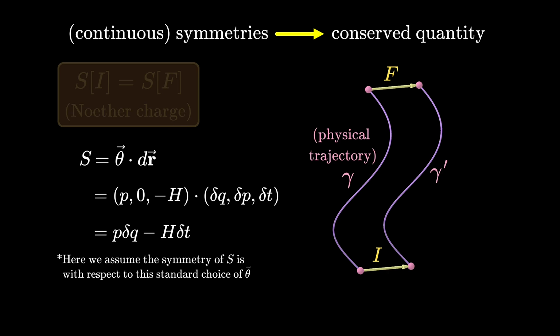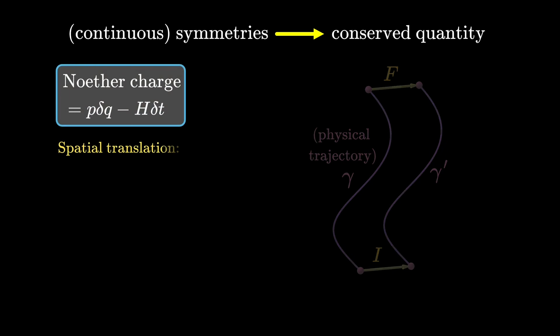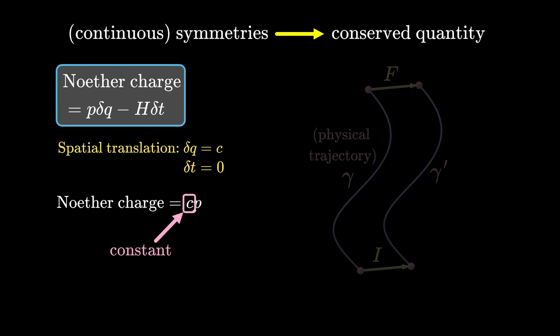If the symmetry is spatial translation, then delta q equals constant and no change in t is a symmetry. It happens for actions like this where a constant translation in q doesn't change the derivatives, hence action unchanged. Applying the formula p delta q minus h delta t, the Noether charge is a constant times momentum, so momentum is conserved.